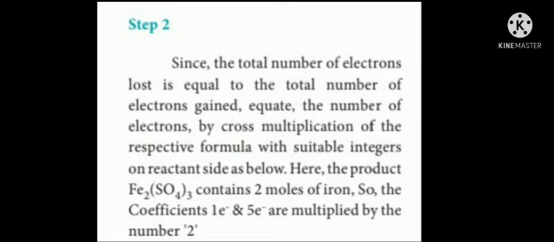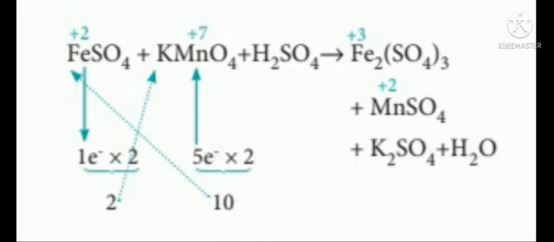Here, the product Fe2(SO4)3 contains 2 moles of iron, so the coefficients 1 electron and 5 electrons are multiplied by 2.